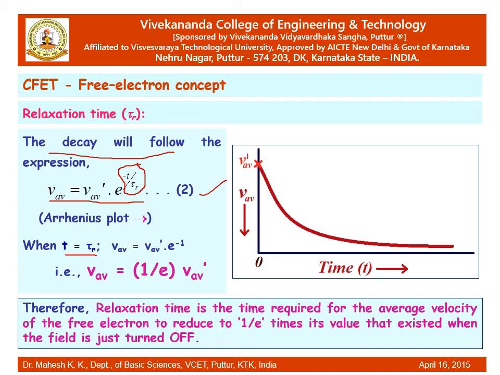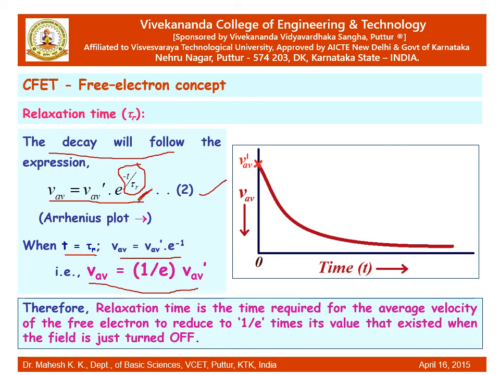When t is equal to tau r, the expression becomes e to the power minus 1, so V average is equal to V average prime into e to the power minus 1, which if you rearrange, you can write as V average is equal to 1 over e into V average prime.